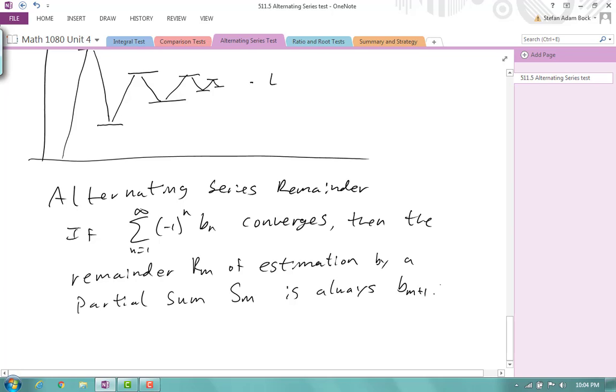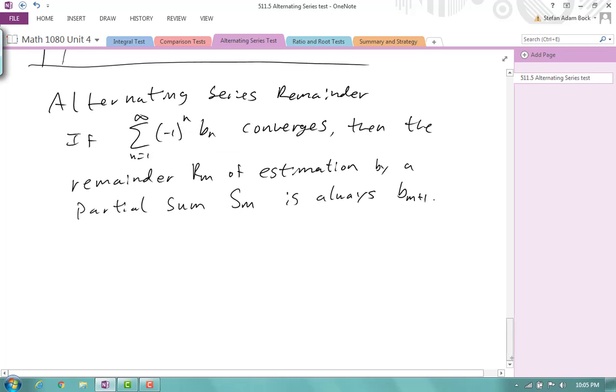So the alternating series remainder: if the sum of negative 1 to the n of b sub n, my alternating series, converges, then the remainder r sub m of estimation by a partial sum s sub m is always at most b sub m plus 1, the next term. Wherever I stop adding my partial sum, the next term is my remainder. Well, it's the upper bound for my remainder, I should say.